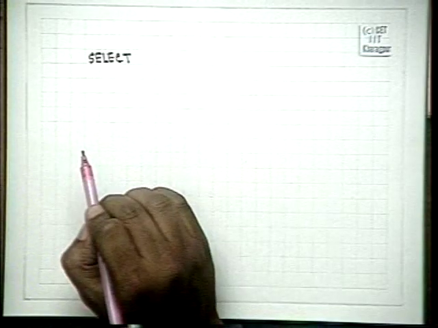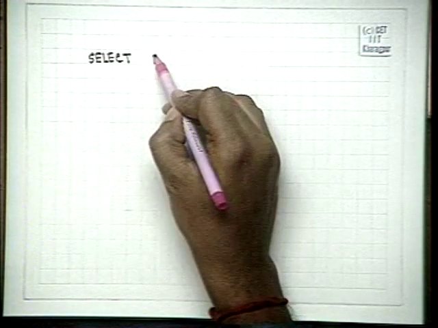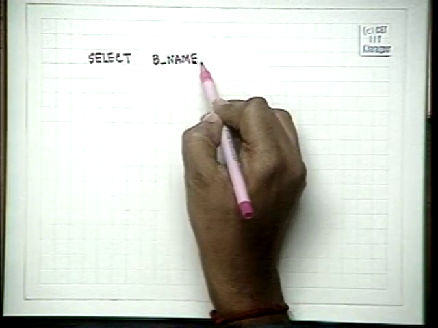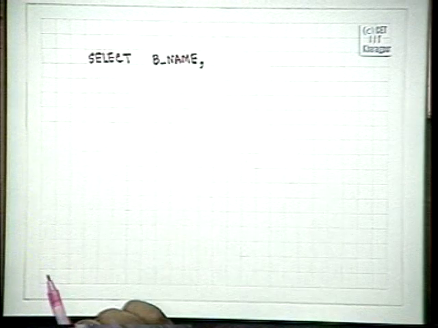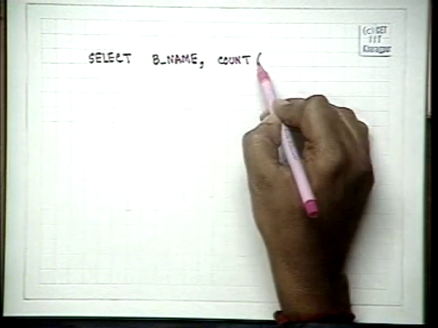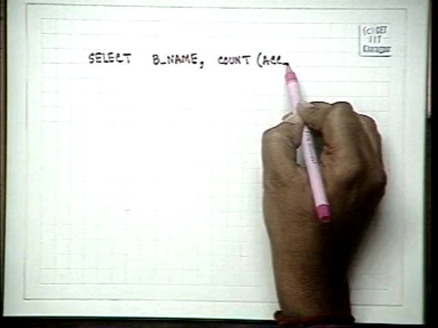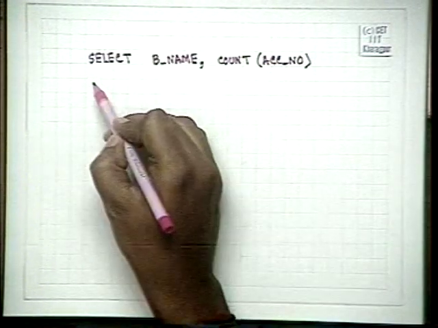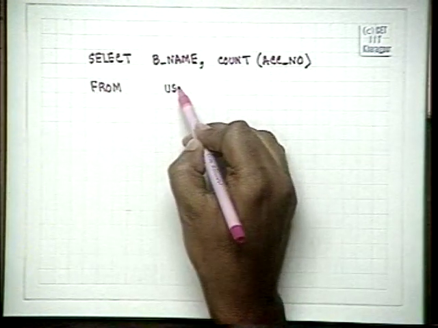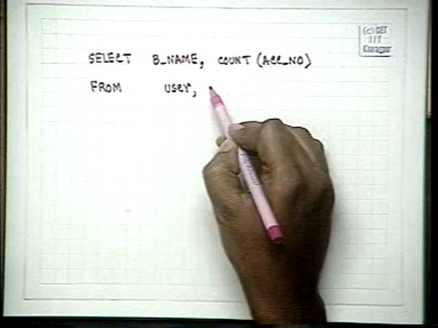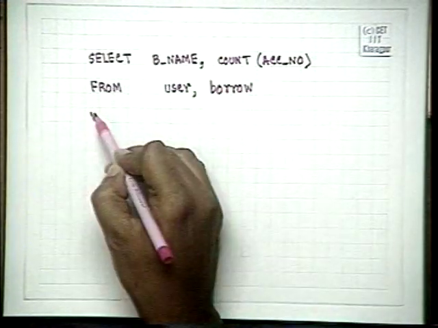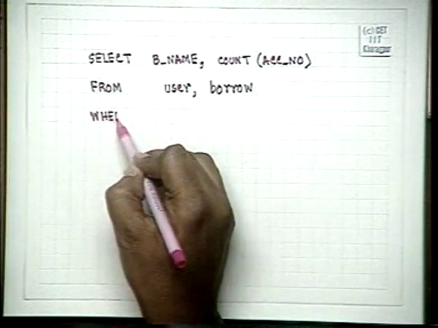Select B name, comma, count accession number from user, comma, borrow, where we have to do a natural join.